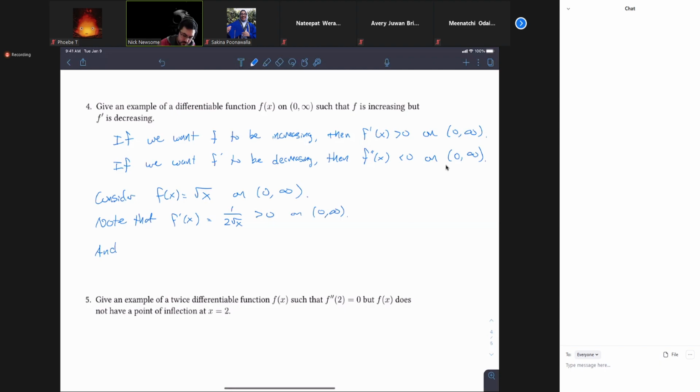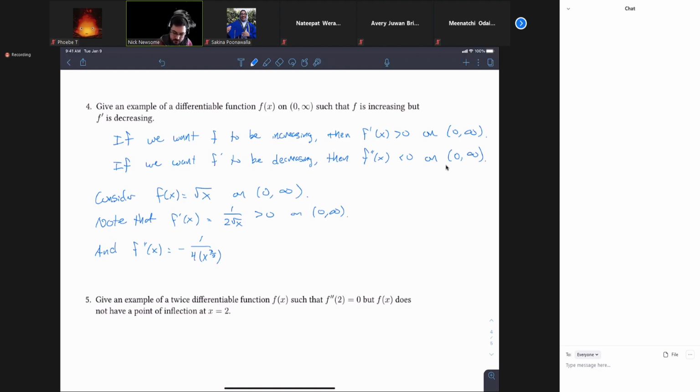If I take the second derivative, I'm going to get negative 1 over 4 times x to the 3/2.